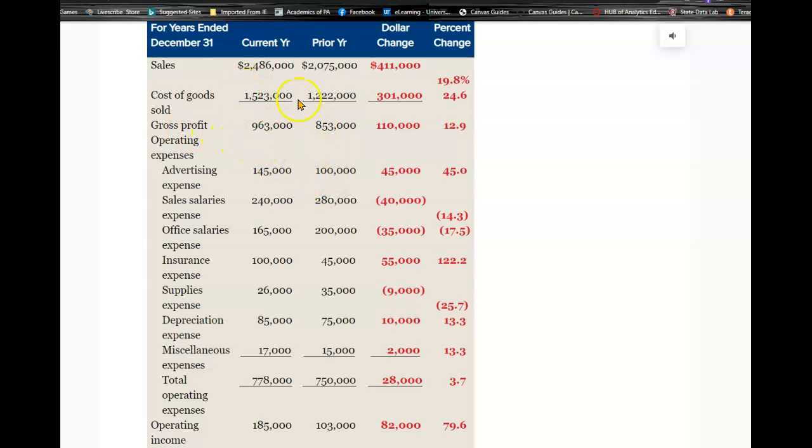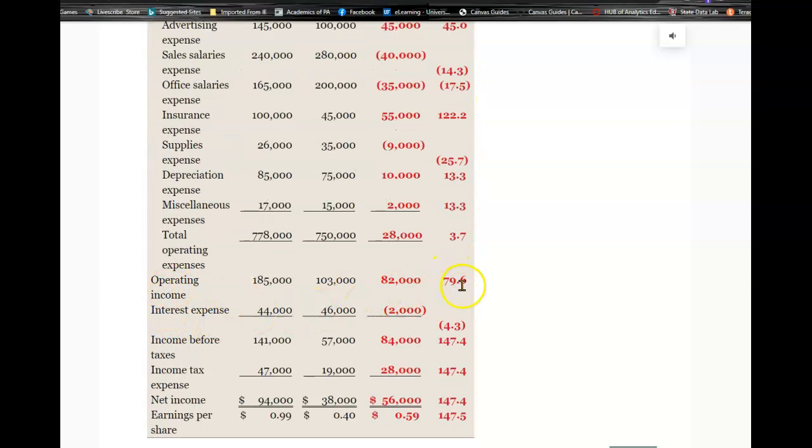So we look at the change in the cost of goods sold relative to the changes in the operating expenses. And so still, even though our cost of goods sold increased and our total operating expenses increased, it was such that the increase in sales was significant enough that we end up with a fairly sizable increase in our operating income.